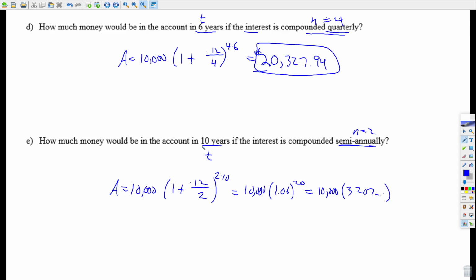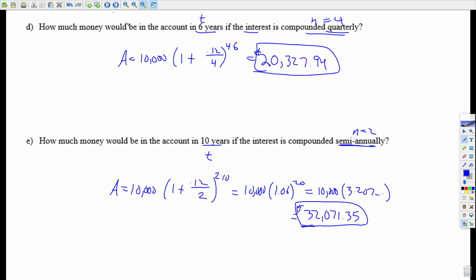I'm going to try to use all those numbers as I can. All right, and multiply that by 10,000, and we get 32,071.35. That's how much money you'd have, of course, as it is after 10 years and doing the calculation twice per year.